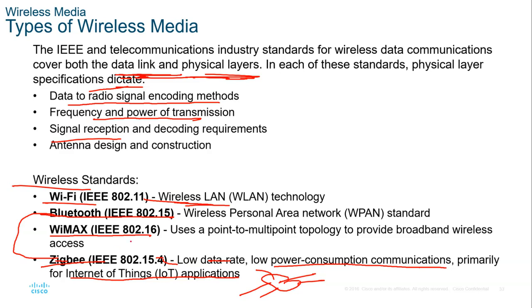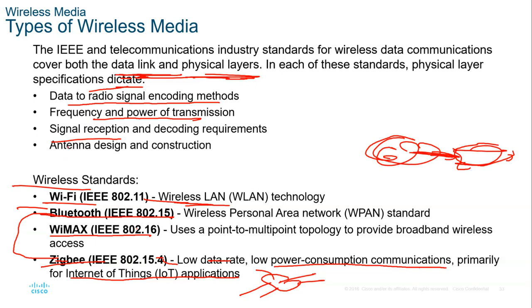But Bluetooth is one to one at a time, point to point. If your smartphone is connected to your laptop via Bluetooth, then that is it. You will not pair it to another device.